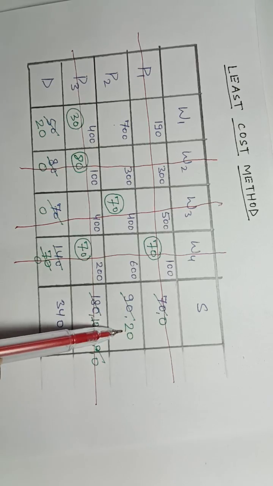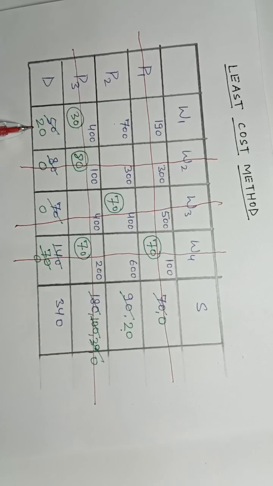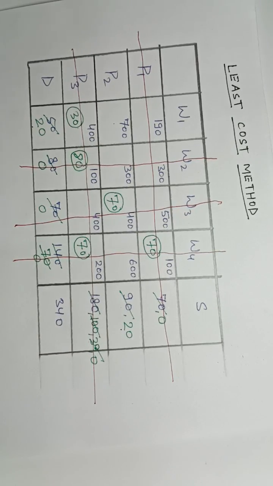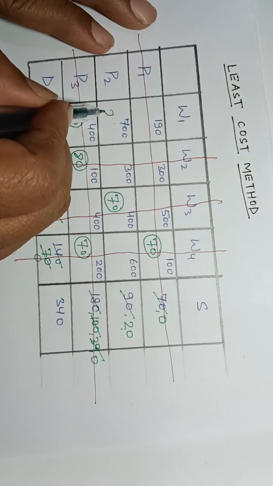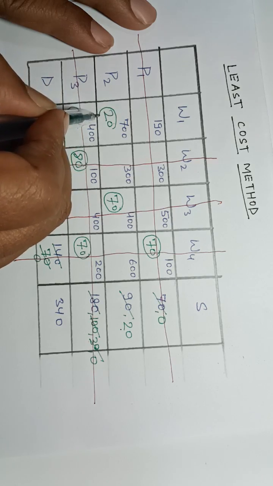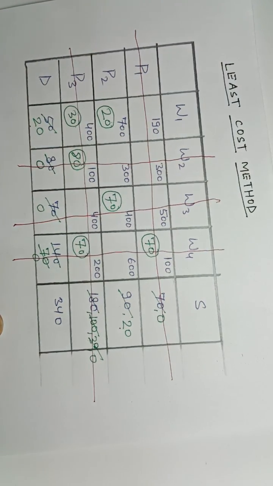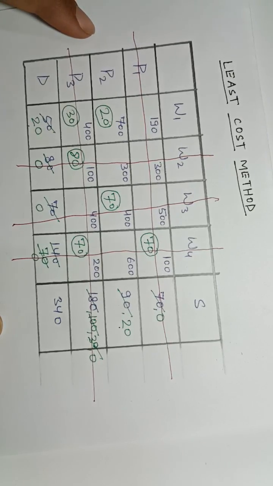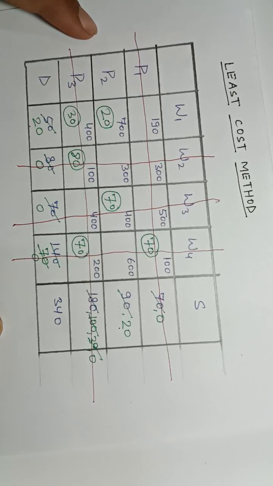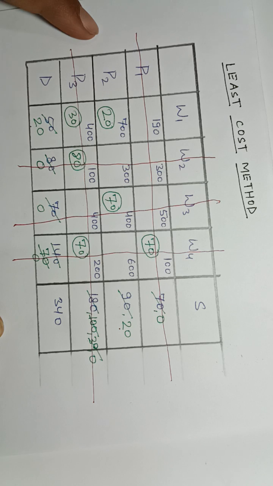Here the supply is 20 and the demand is 20, so we will allocate 20 units. In this way we have covered all the supply and demand.